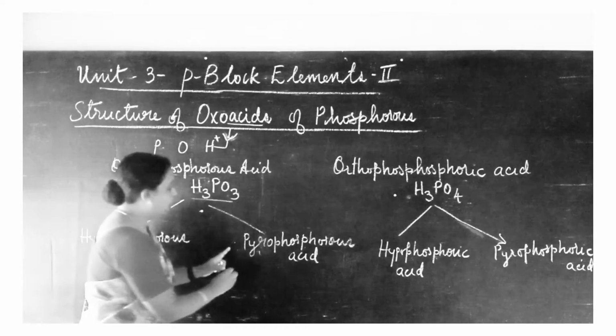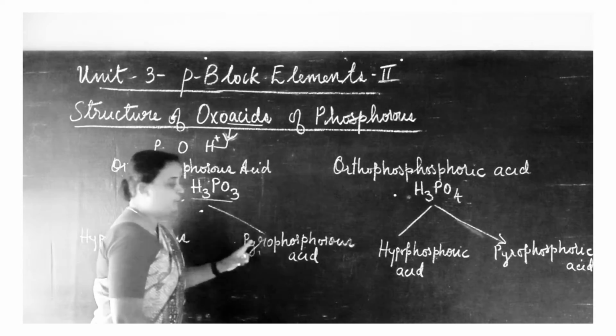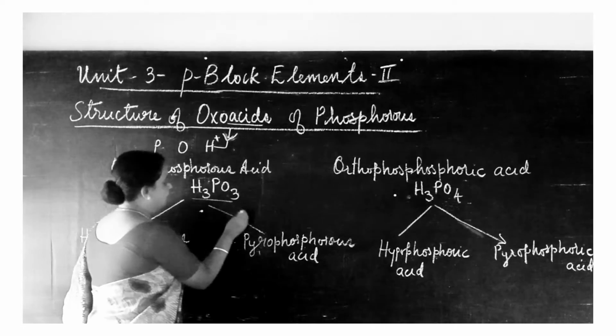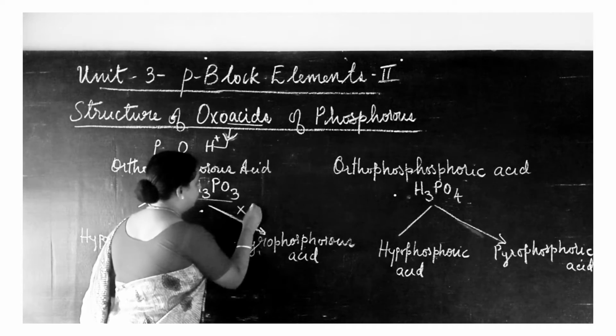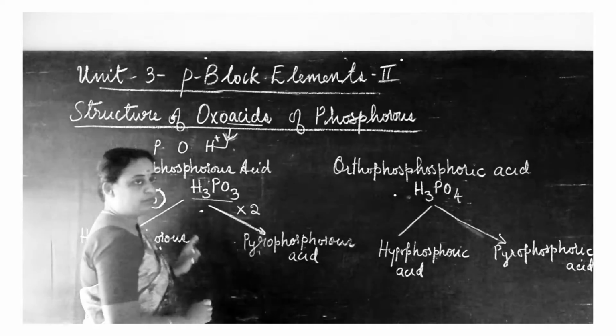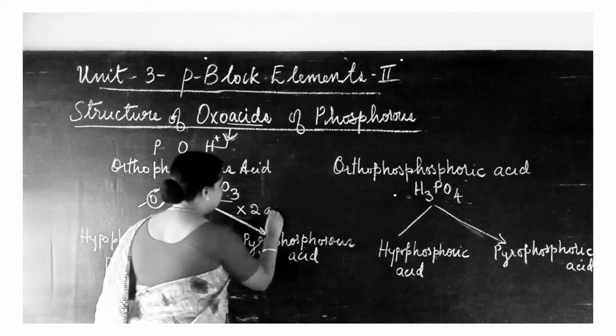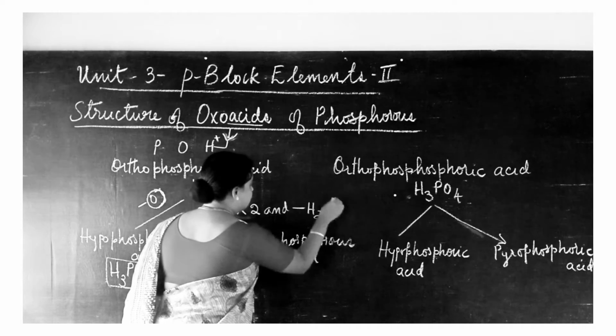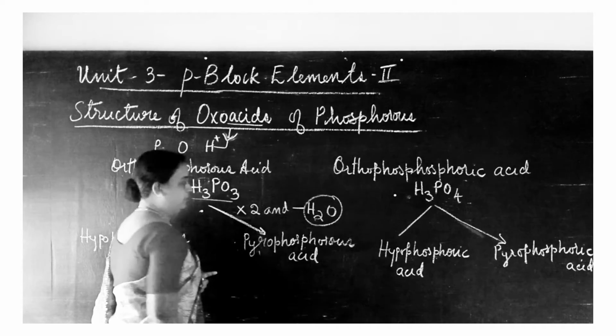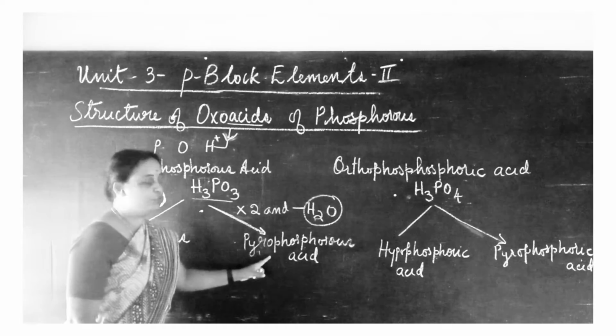Okay. Now likewise, let us see the formula for pyrophosphorus acid. You multiply the formula of orthophosphorus acid by 2, and subtract a water molecule, and we get the formula for pyrophosphorus acid.